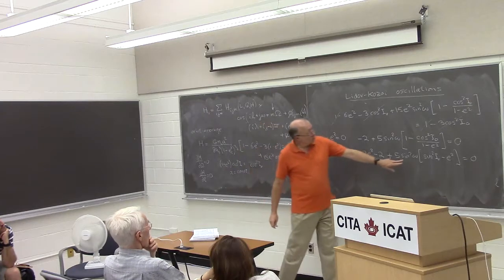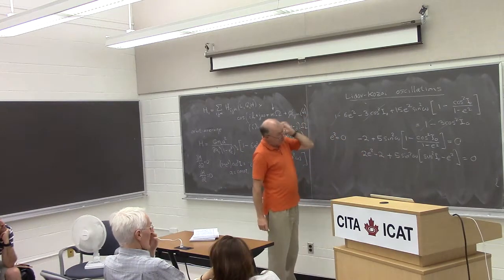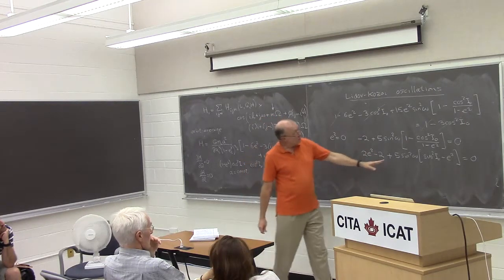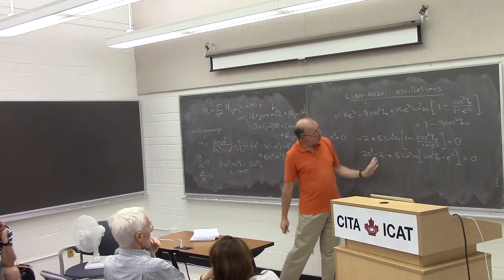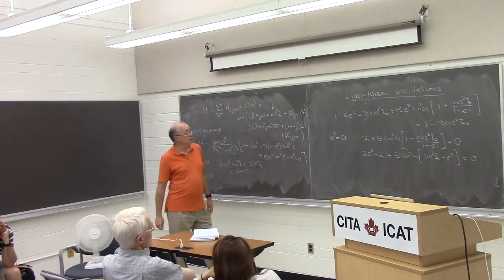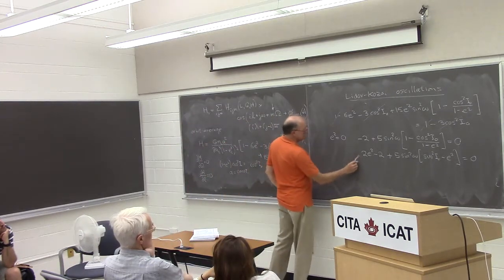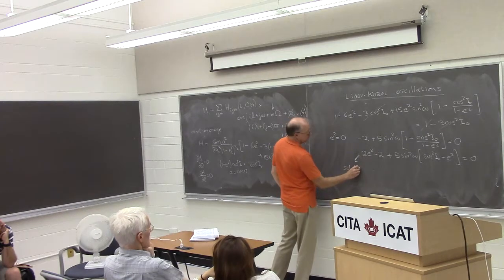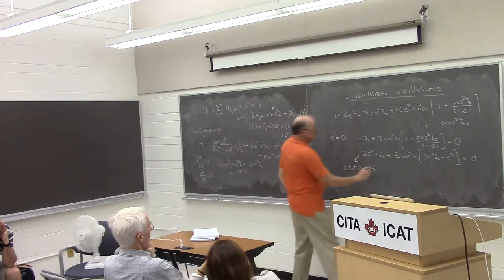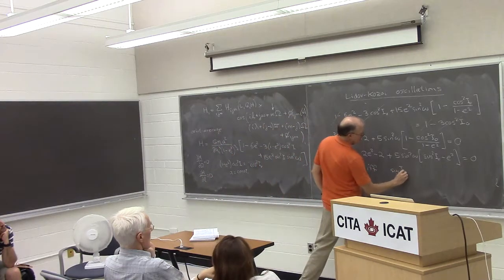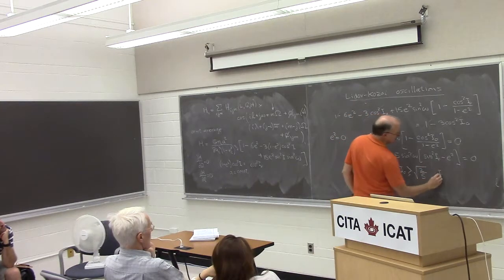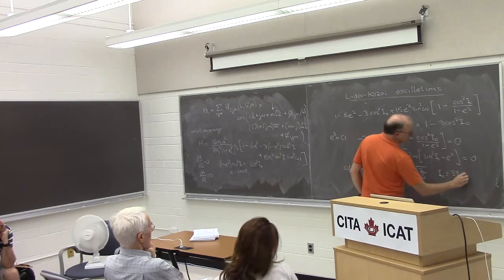Well, when ω is 0, this is 2e² − 2, which is always negative, so there's no solution. So there can only be a solution to this if this changes sign between this being 0 and this being unity, and that tells you there's a solution if and only if sin I0 is greater than or equal to the square root of 2/5, which corresponds to I0 of 39.2 degrees.